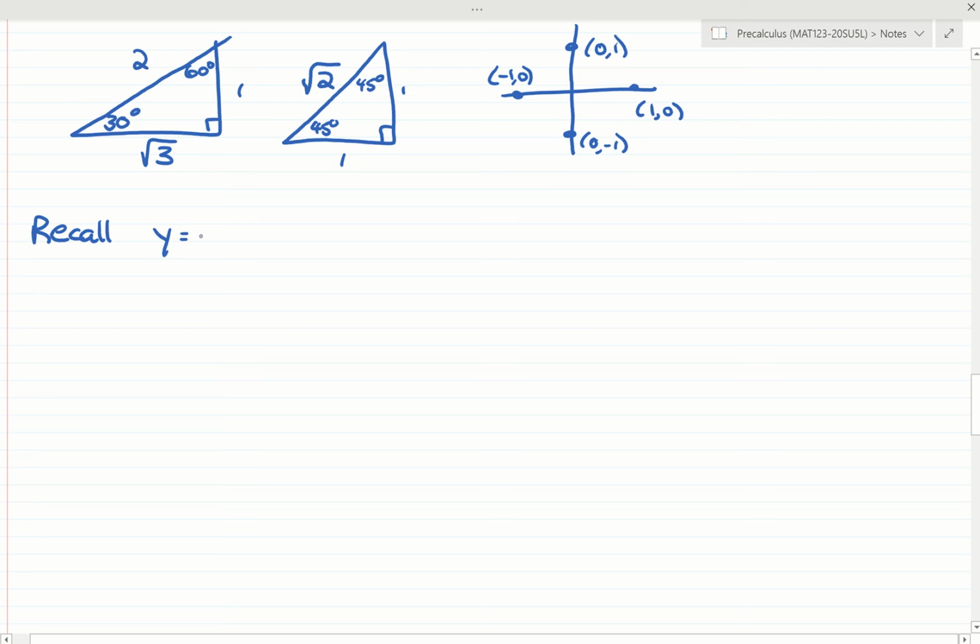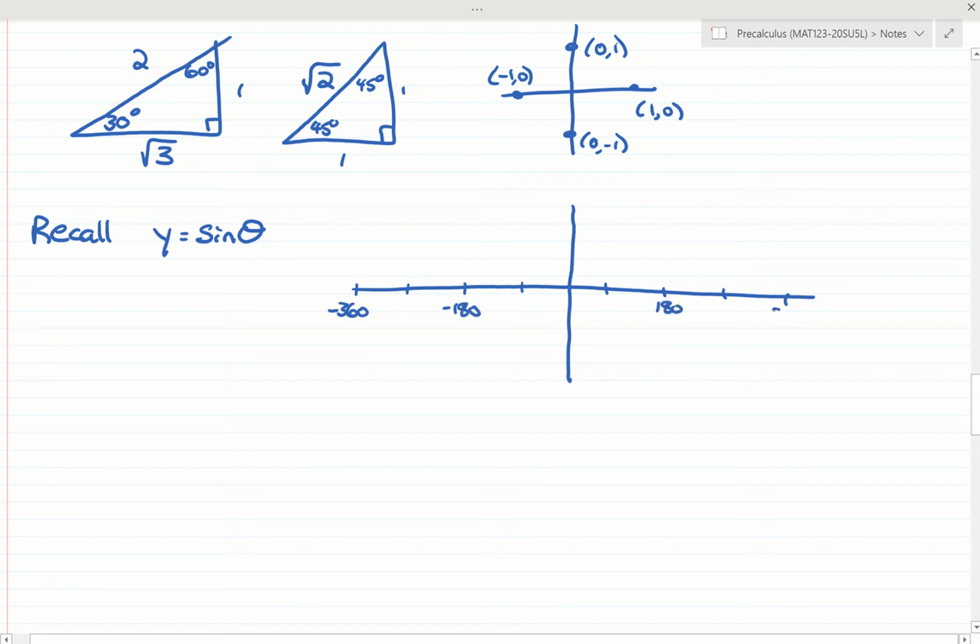Recall what the graph of y is equal to the sine of theta looks like. I'm going to draw my graph from negative 360 to positive 360. And my range is going to be from 1 to -1.